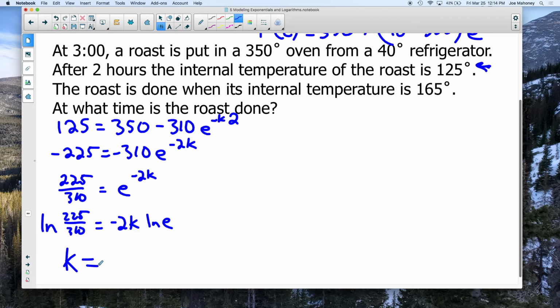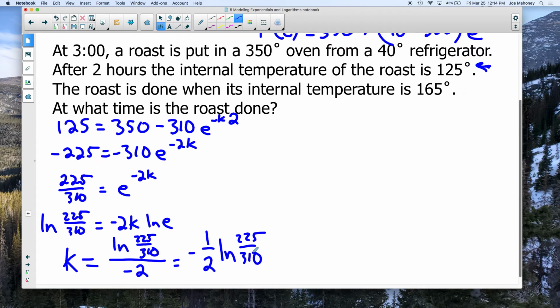So k is equal to the natural log of 225 over 310 divided by negative 2. Maybe we want to write that as negative 1/2 times the natural log of 225 over 310. Is that okay? So instead of dividing by 2, I'm multiplying by 1/2 and I pull that negative out. Pretty neat.